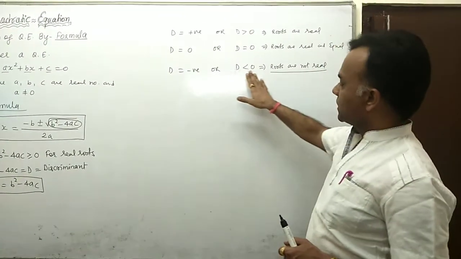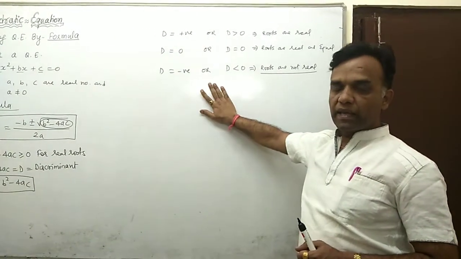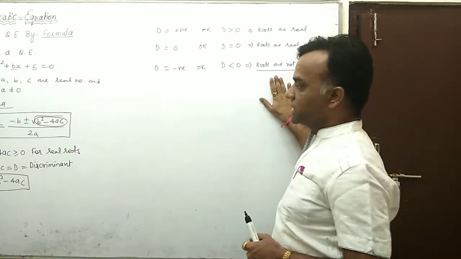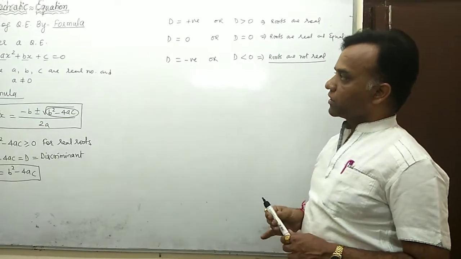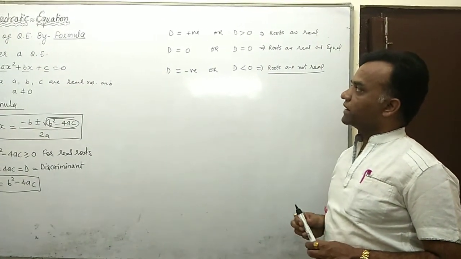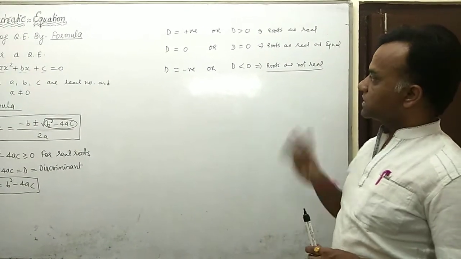So we cannot find the roots of the given quadratic equation. There are two cases for finding roots: D positive, and D equal to 0.